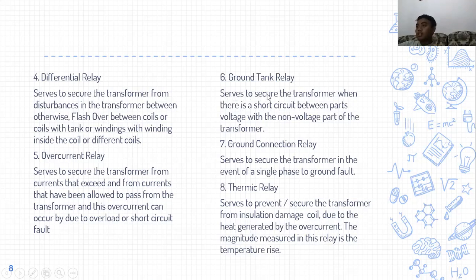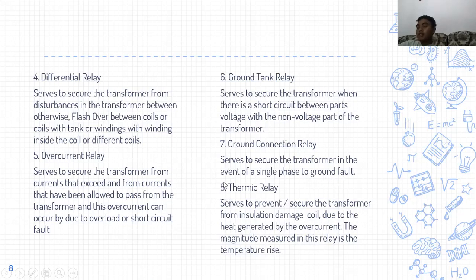It serves to secure the transformers when there is a short circuit between the voltage part and the non-voltage part of the transformer. Number 7 is ground connection relay. It serves to secure the transformer in the event of a single phase to ground fault.